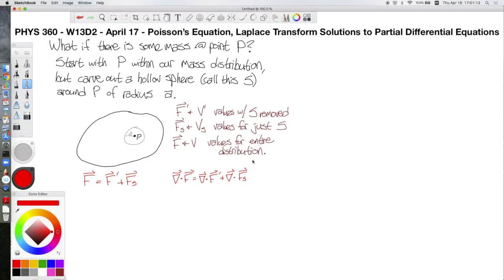Now we can't just set this equal to 0 anymore because we now have mass at point P. But if we look just at one small piece of this equation, specifically the divergence of F prime, well, we're just considering F prime, which is again the entirety of the region but with the sphere S removed, and for that portion of the overall mass, there's no mass at point P. So we know that the divergence of F prime is equal to 0 because this has to satisfy Laplace's equation.